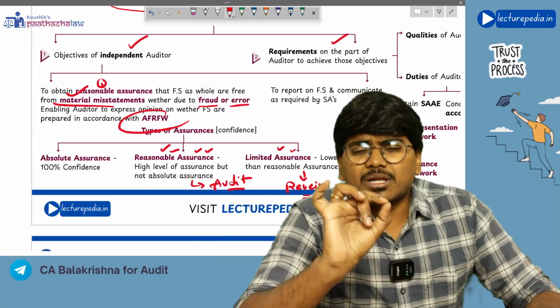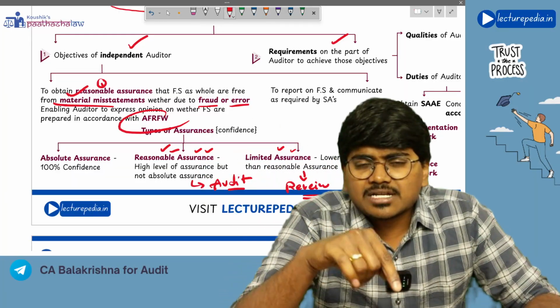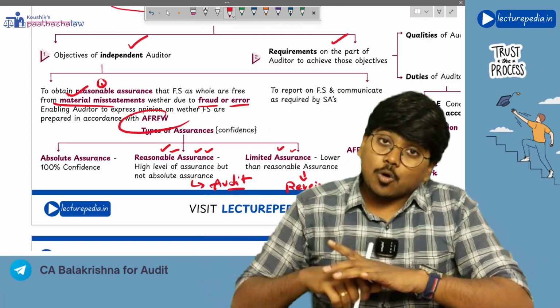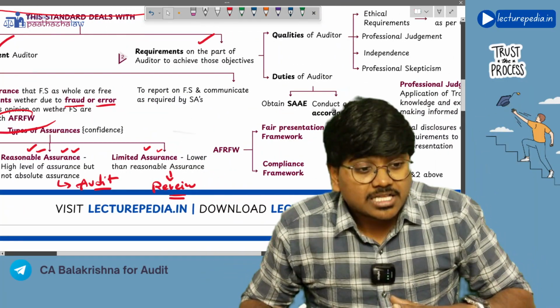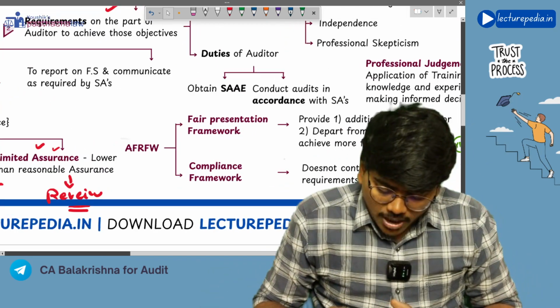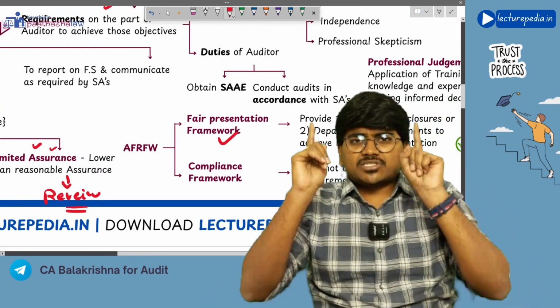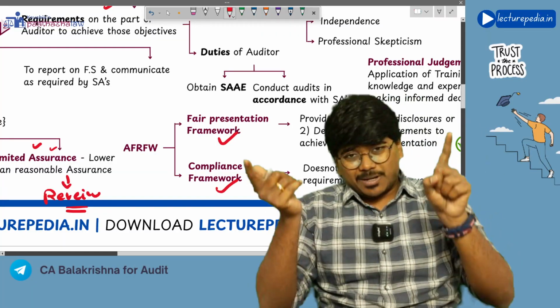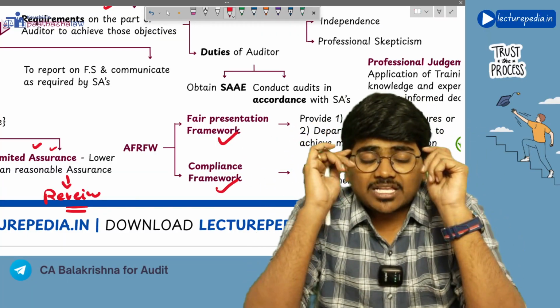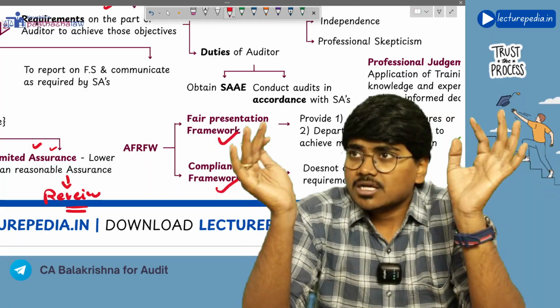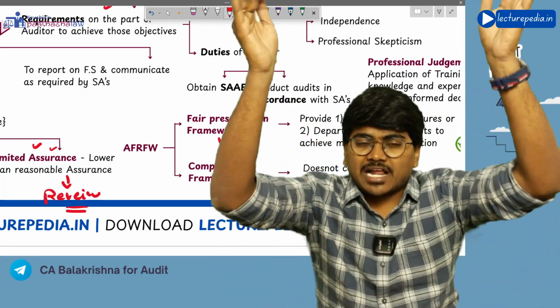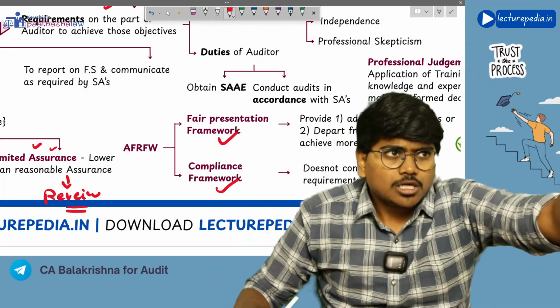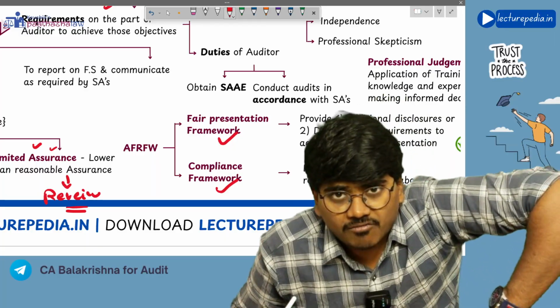Now, these financial reporting frameworks are of two types. First one, fair presentation framework. Second one, compliance framework. Now, what is the difference between fair presentation and compliance framework? Generally, if the financial reporting framework is given, you will comply with that financial reporting framework.